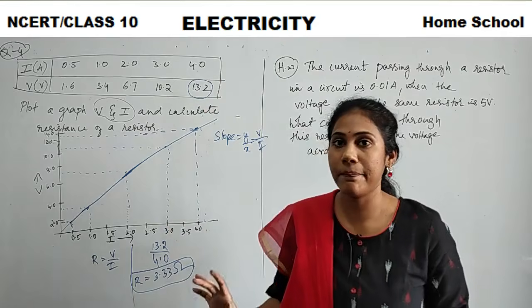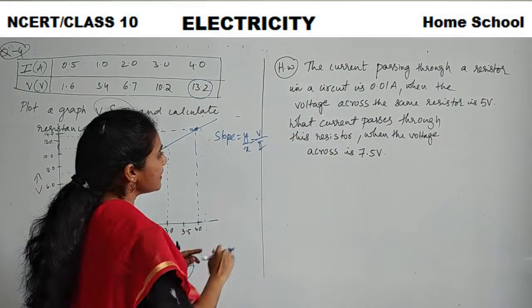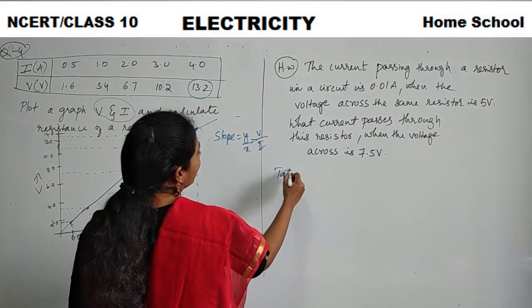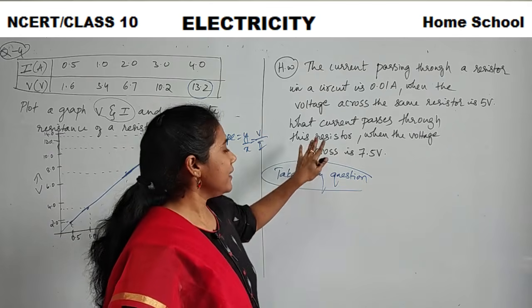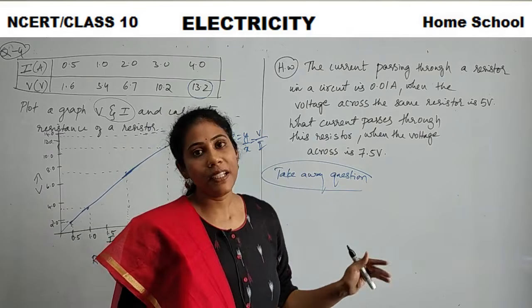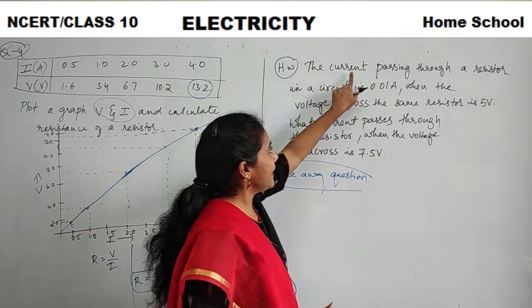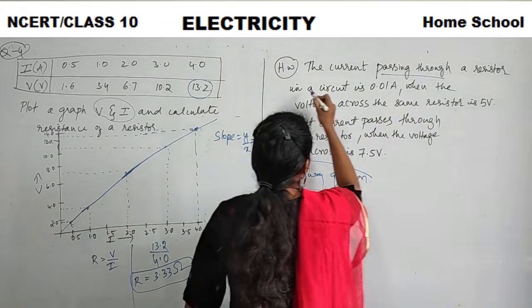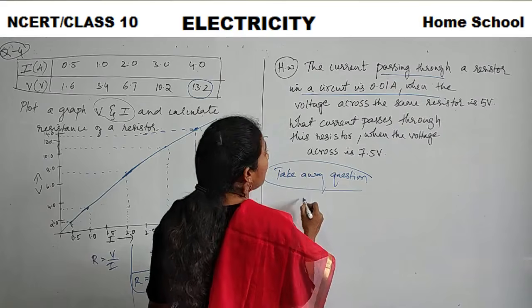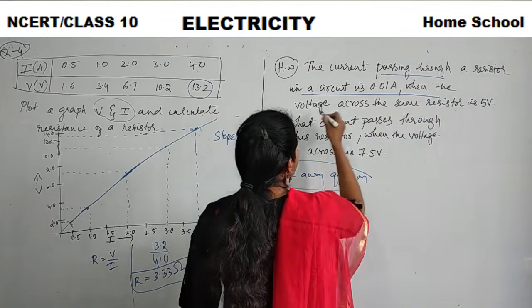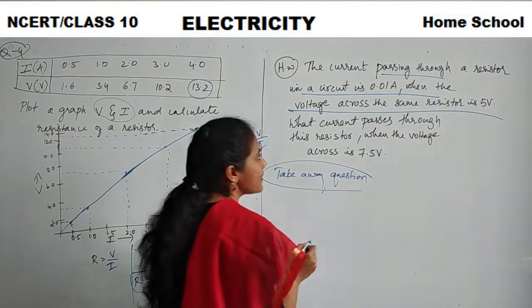Okay, very simple. And now this is actually your takeaway question, that is homework, and this question is exactly similar to the second question that I solved. Just read the question. The current passing through a resistor in the circuit is 0.01 amperes when the voltage across the same resistor is 5.